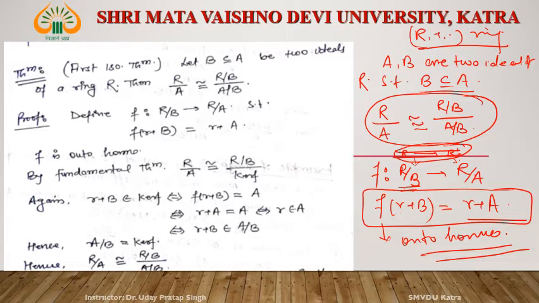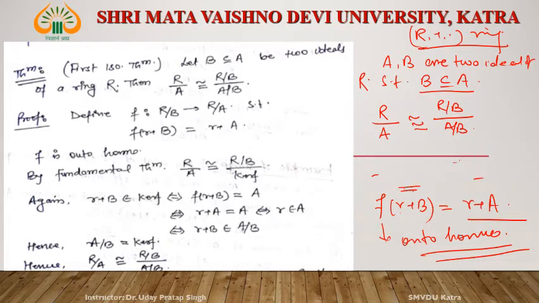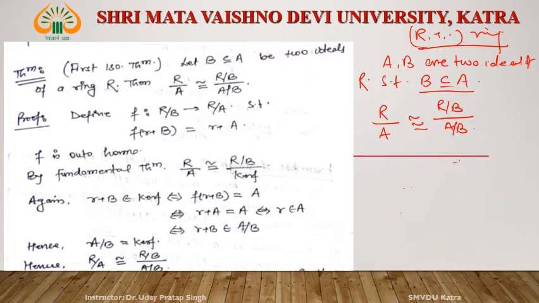Please wait 1 minute. If we prove it is an onto homomorphism, then we are done. But how? See, first, it is a homomorphism.